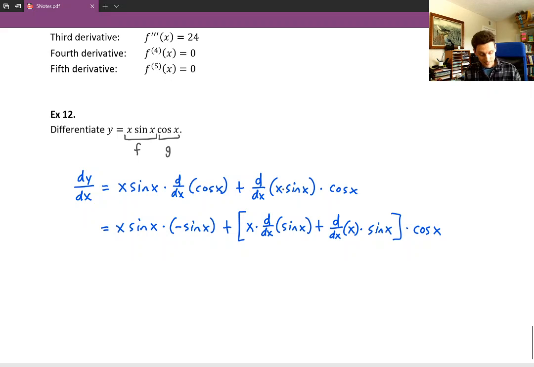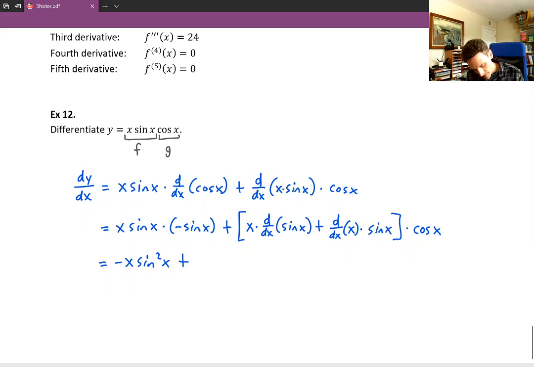Now we have even smaller derivatives to take. So here we have derivative of sine x, which is cosine x, and then the derivative of x, what would that be? If you said 1, then it would be correct. While we're at it, we'll go ahead and simplify. So this will be negative x sine squared x.